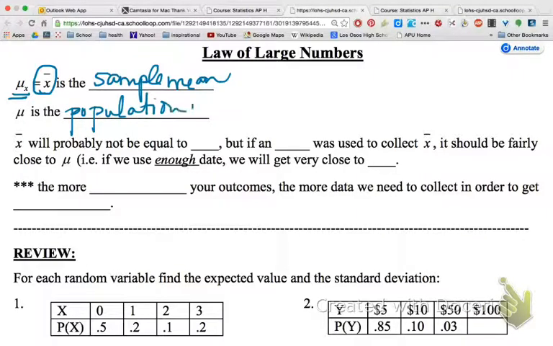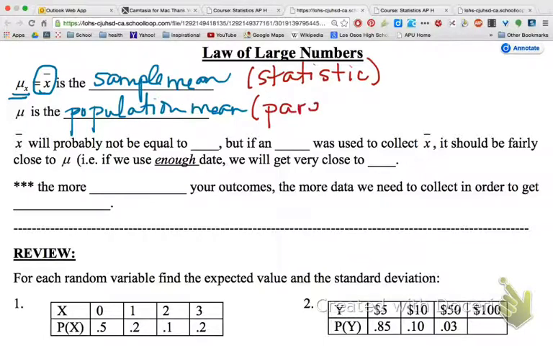Again, just to throw some more vocab at you, remember, this is a statistic because it comes from the sample, versus this is a parameter because it comes from the population.